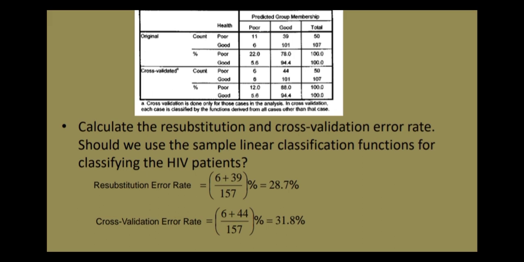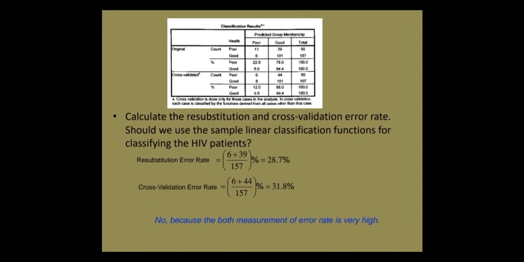So both of this error rate is more than 20%. So what can we say? So we can say that we should not use this classification function because both measurement of error rate is very high, which is more than 20%.